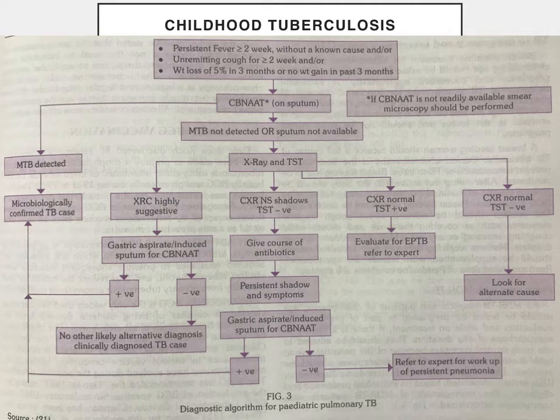And if Mycobacterium tuberculosis is detected by either of the methods, the patient is diagnosed as microbiologically confirmed pulmonary tuberculosis. So this is the best case scenario in which the treatment can be started. And in situations where Mycobacterium tuberculosis is not detected or specimen is not available, chest X-ray and tuberculin skin test by Mantoux technique using the tuberculin units of PPD, RT23 should be done for interpretation and further course of action.